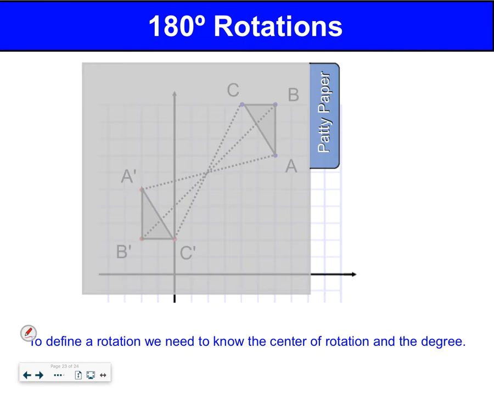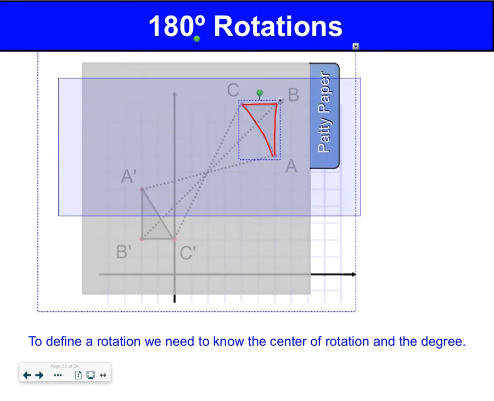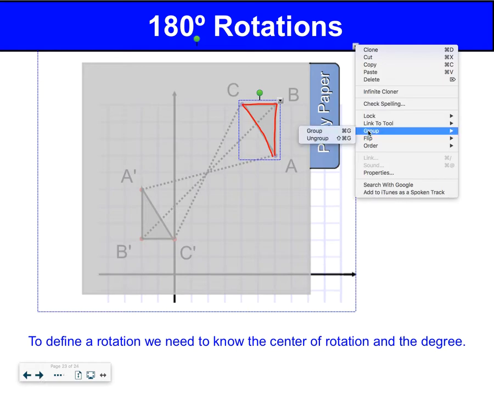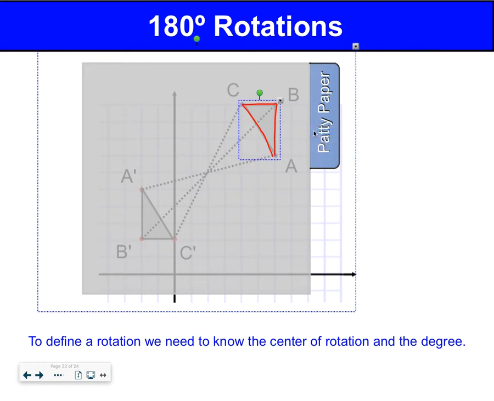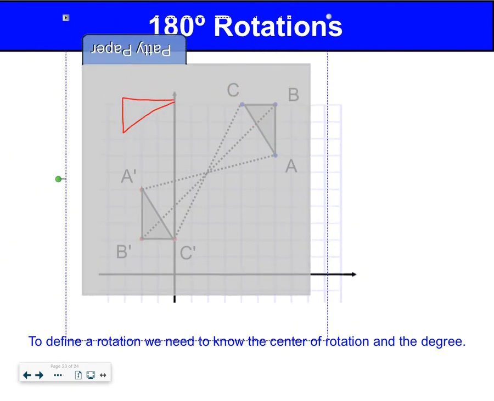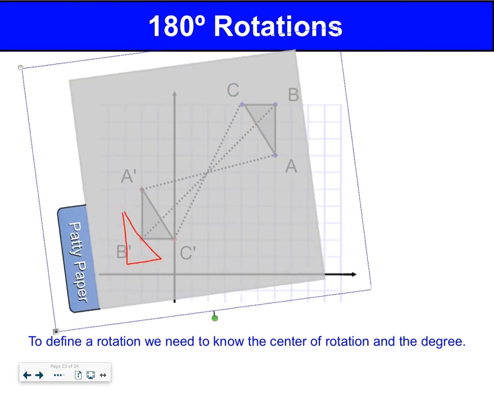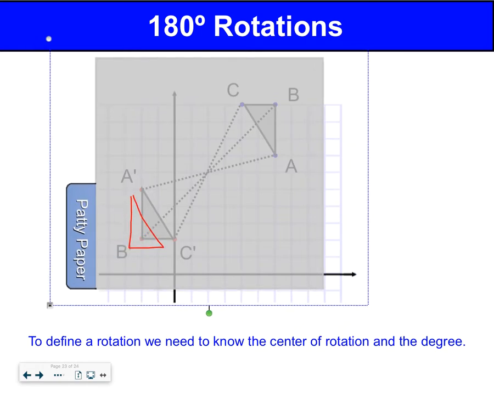So maybe something kind of like that. And if I go ahead and take this triangle, and hopefully, let's go ahead and group these together, and we're going to rotate them. And in order for this to end up at the other spot, it looks like that would be 90 degrees. And once again, my center's off just a little bit. I apologize for that.